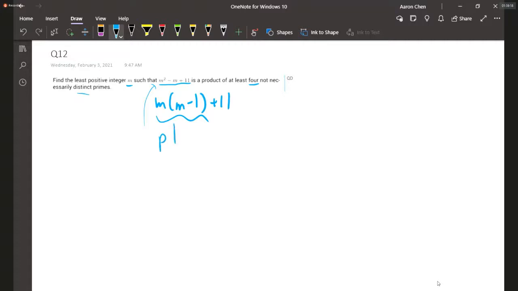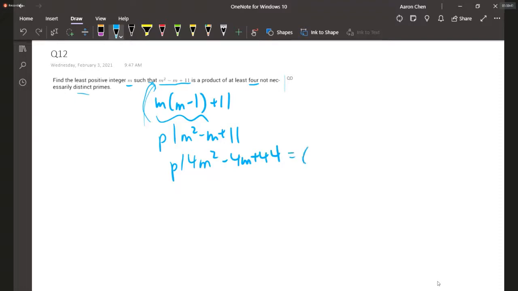So let p be a prime divisor of m squared minus m plus 11. And we've now established that p cannot be equal to 2. So this means that p also divides 4m squared minus 4m plus 44.